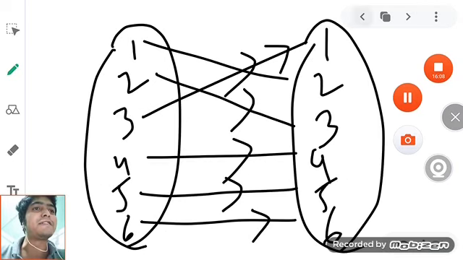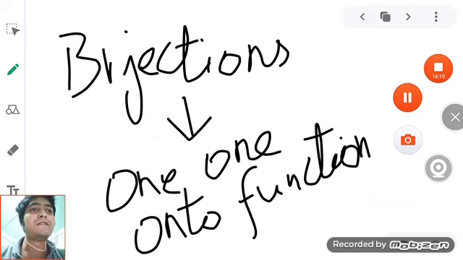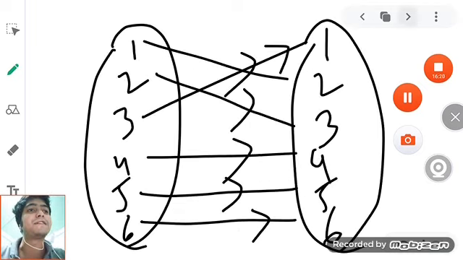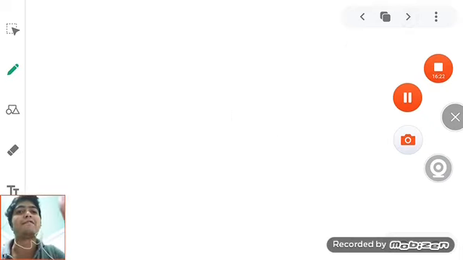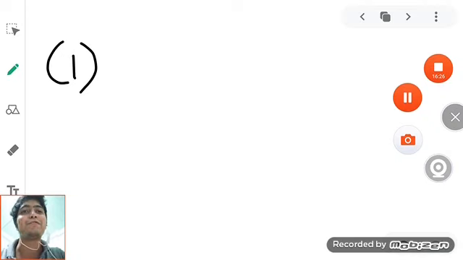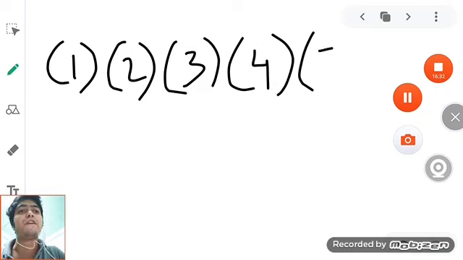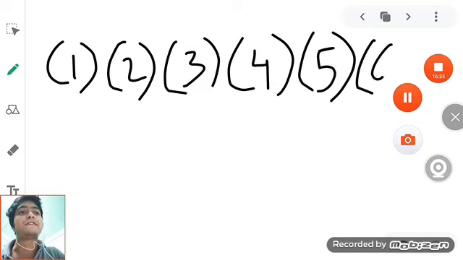So let us take a look at this one. Over here we are having 1 goes to 1. Just take a look at that. 1 goes to 1, 2 goes to 2, 3 goes to 3, 4 goes to 4, 5 goes to 5, and 6 goes to 6. So that first element we can write as 1 goes to 1. We will have to close it because it goes to itself. 2 goes to 2, 3 goes to 3, 4 goes to 4, 5 goes to 5, 6 goes to 6.